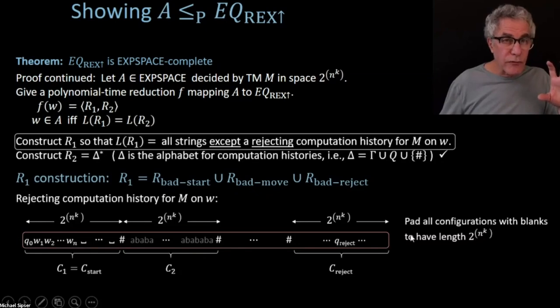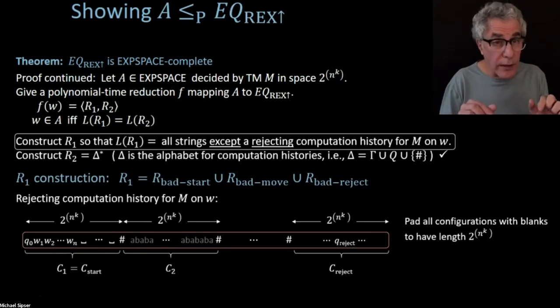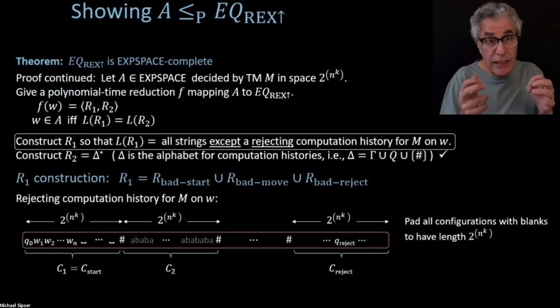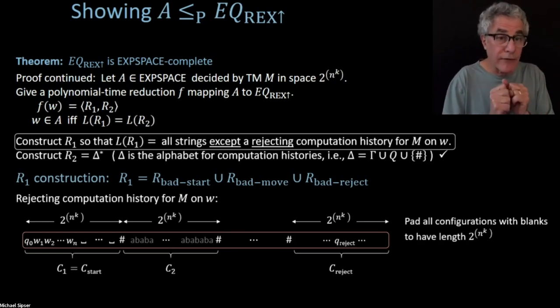When I draw this sort of reddish, pinkish box around something, that means that I'm going to try to describe all strings except for that one. That's the one I want to avoid describing, because that's the rejecting computation history, but I want to describe everything else. That's my wish.